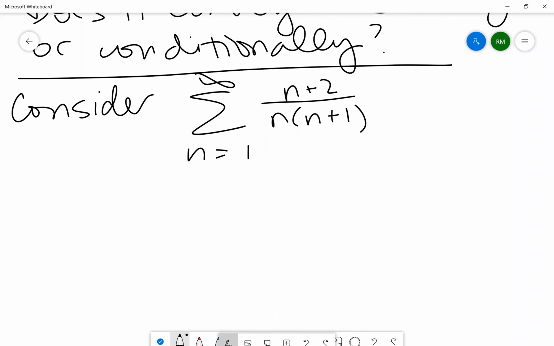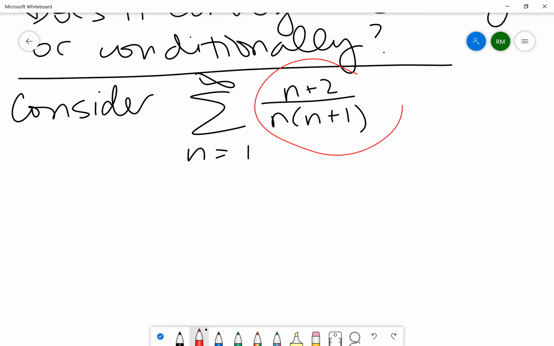Well, we see that this is a rational function. So whenever you see a rational function, you always think limit comparison. And we see that the biggest term in the numerator is n, and the biggest term in the denominator is n squared. So we're going to compare this to the series where the b sub n's are 1 over n, and the a sub n's are this expression over here on the left.